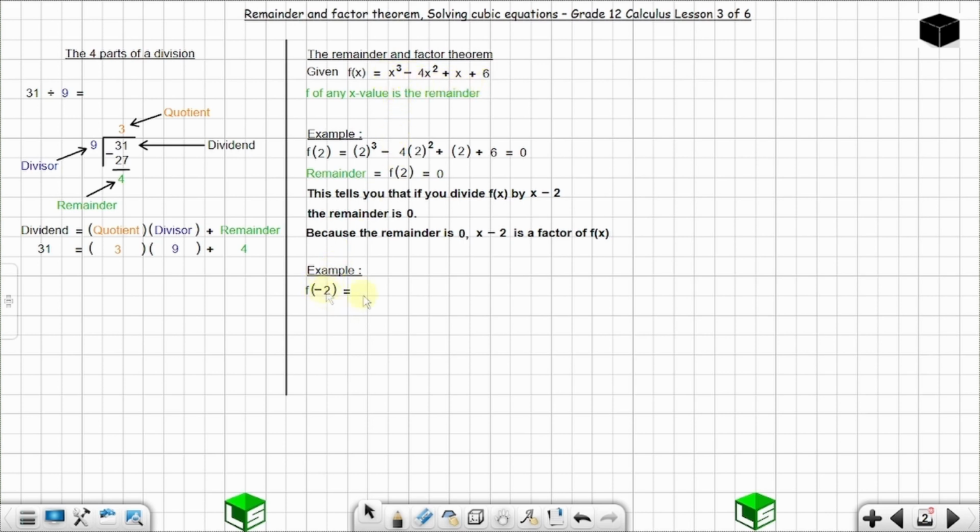So this is equal to negative 2 to the power of 3 minus 4 times negative 2 to the power of 2 plus negative 2 plus 6.